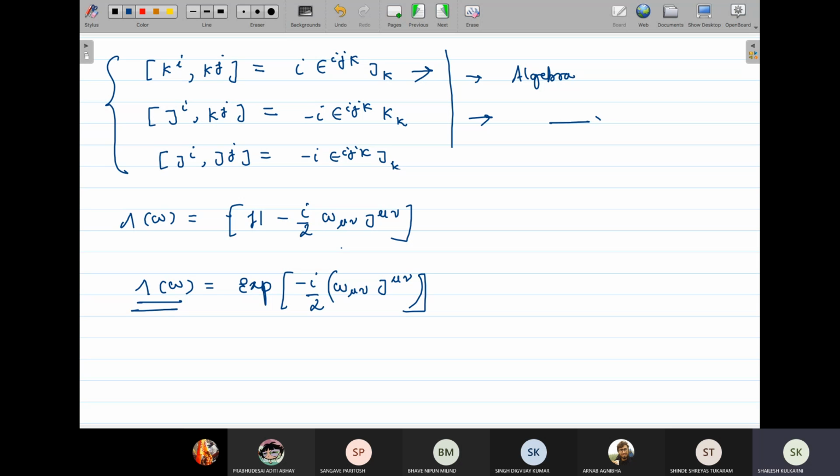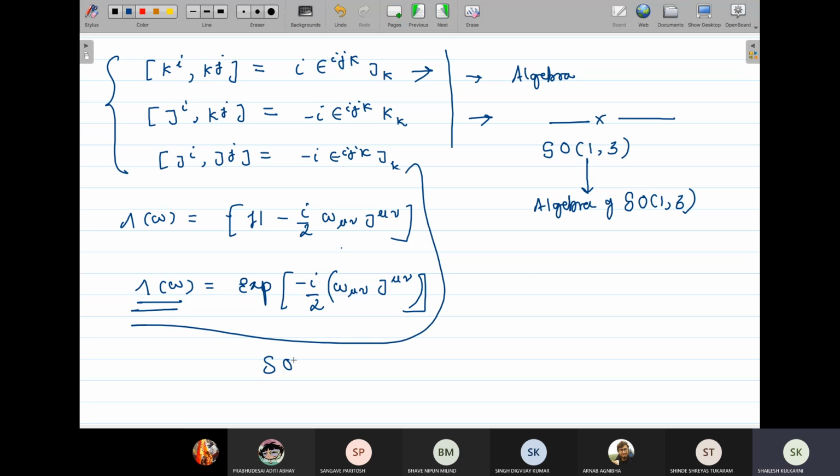By doing that, what will be achieved is the following. The Lorentz group is called SO(1,3), and we have its algebra. Then I have the rotation group SO(3) and its algebra.